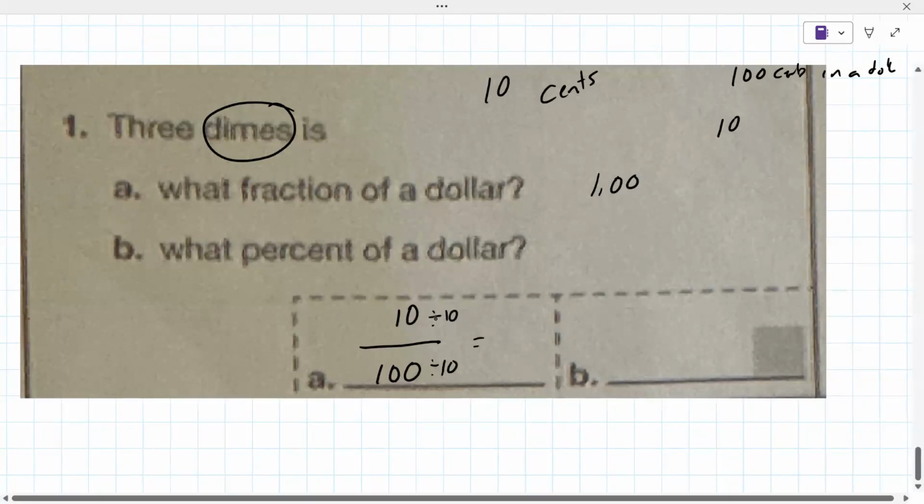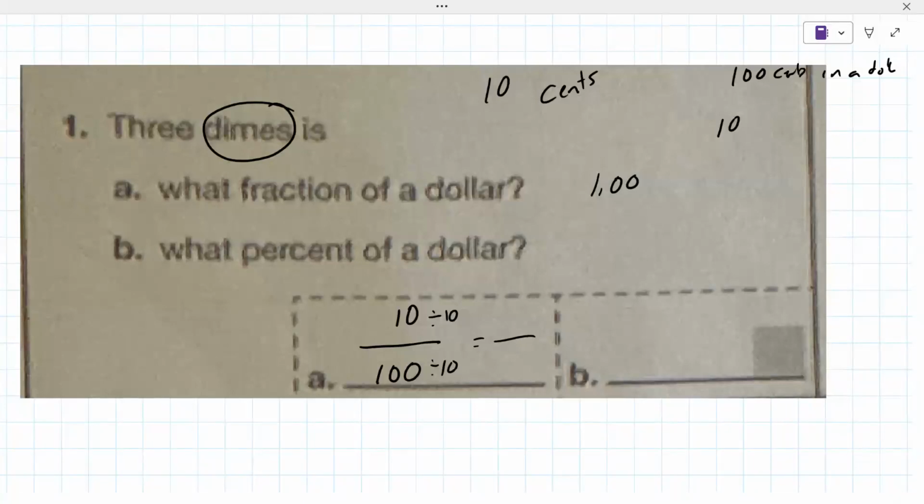What is 10 divided by 10? 0. Nope. 10 divided by 10 is not 0. 2.